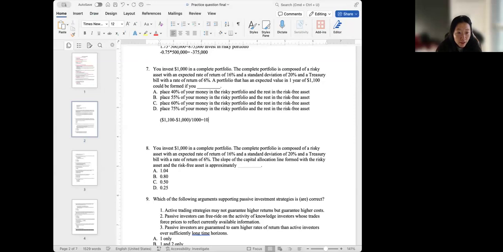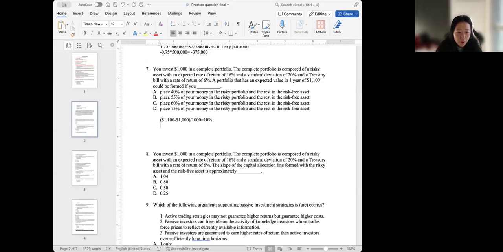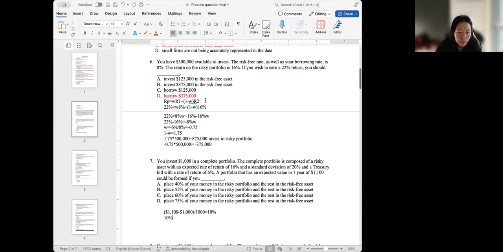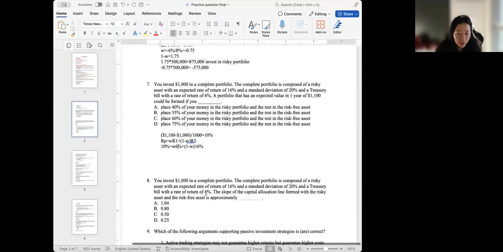So we need a portfolio return equal to 10%, and we're doing something similar to the previous question. So I'm just copying things down, and changing the portfolio return into 10%. And risk-free return here is 6%, so change it to 6%. And then risky return is 16%, no need to change it.